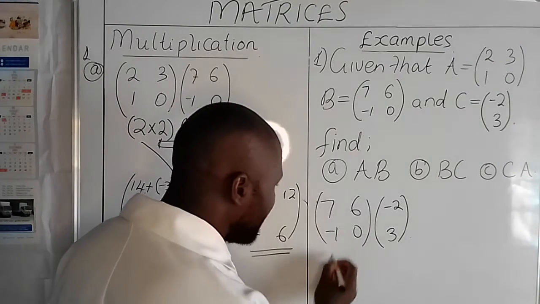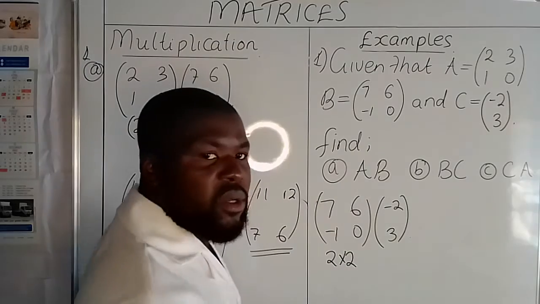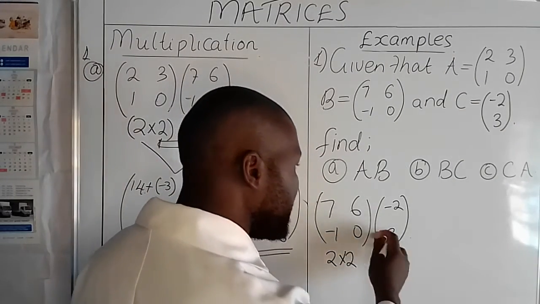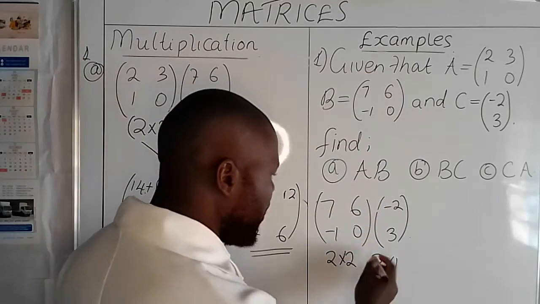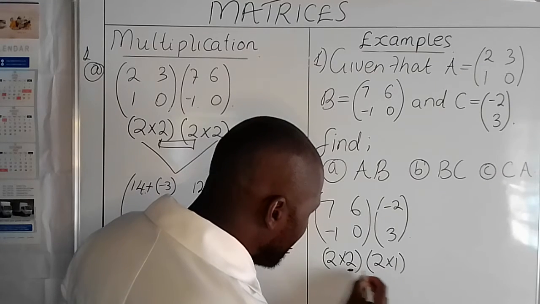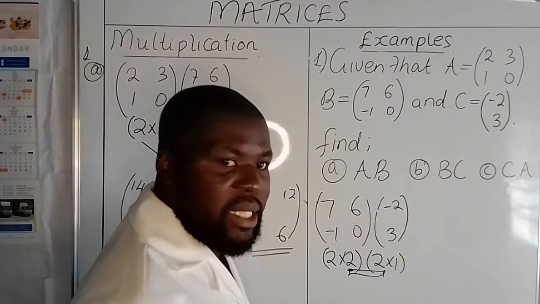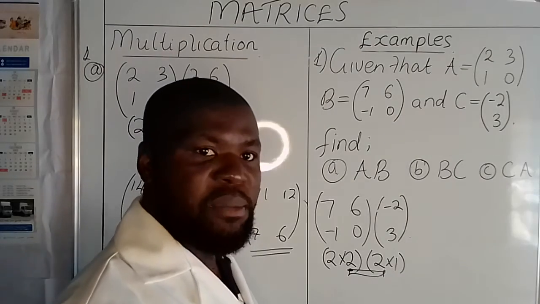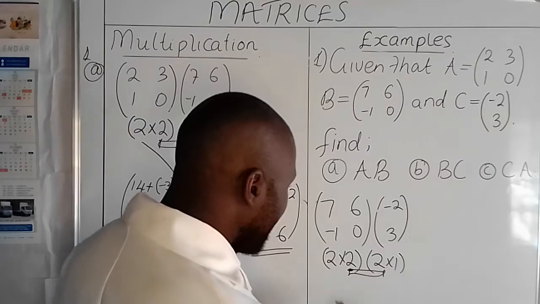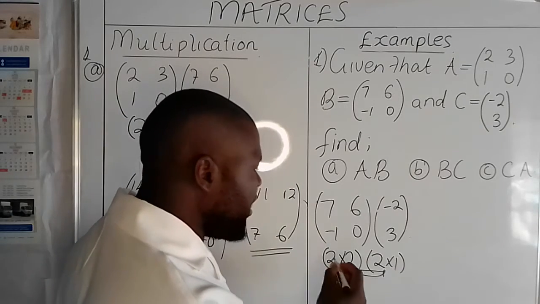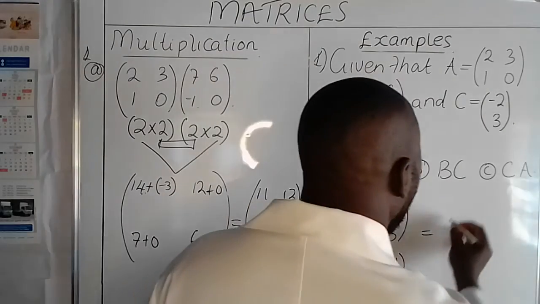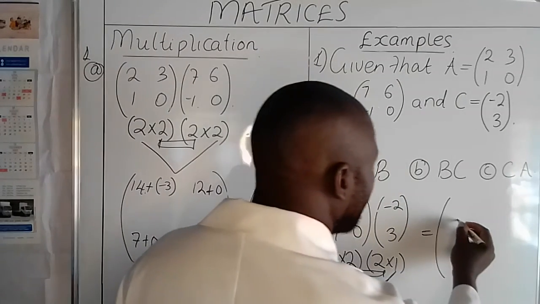This one is a 2 by 2, and we are multiplying by a 2 by 1 matrix, which has 2 rows and 1 column. Comparing these two values tells us the two matrices are compatible for multiplication, and the answer will be a 2 by 1 matrix.